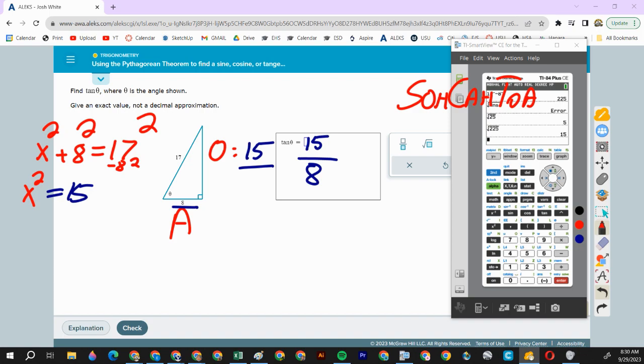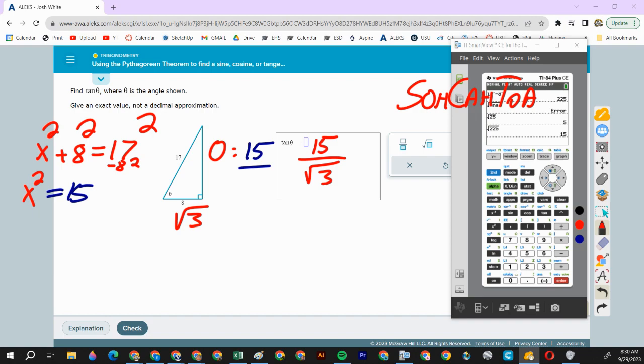Okay. What if this was the square root of 3? And I ended up with 15 over the square root of 3. What do I need to do there? Simplify. How do I simplify? You're not allowed to leave a square root in the denominator.